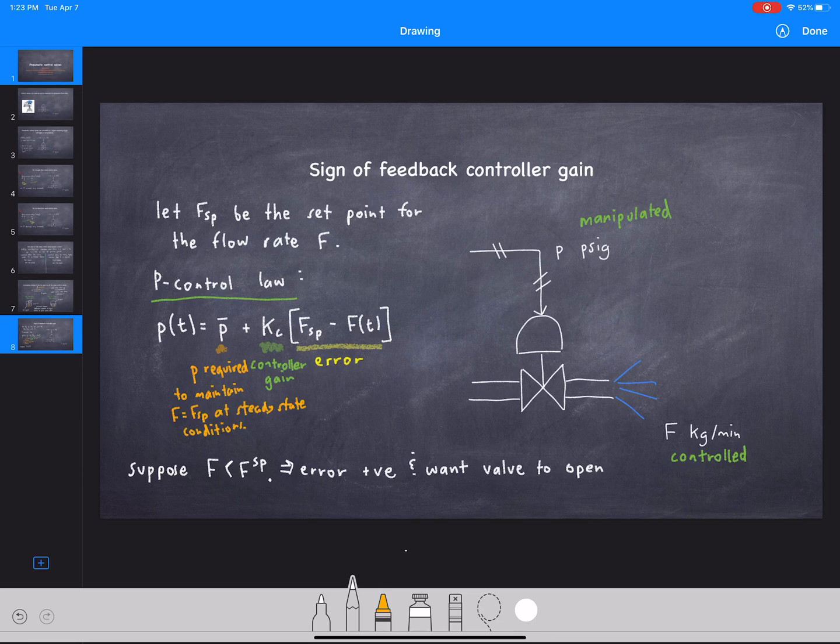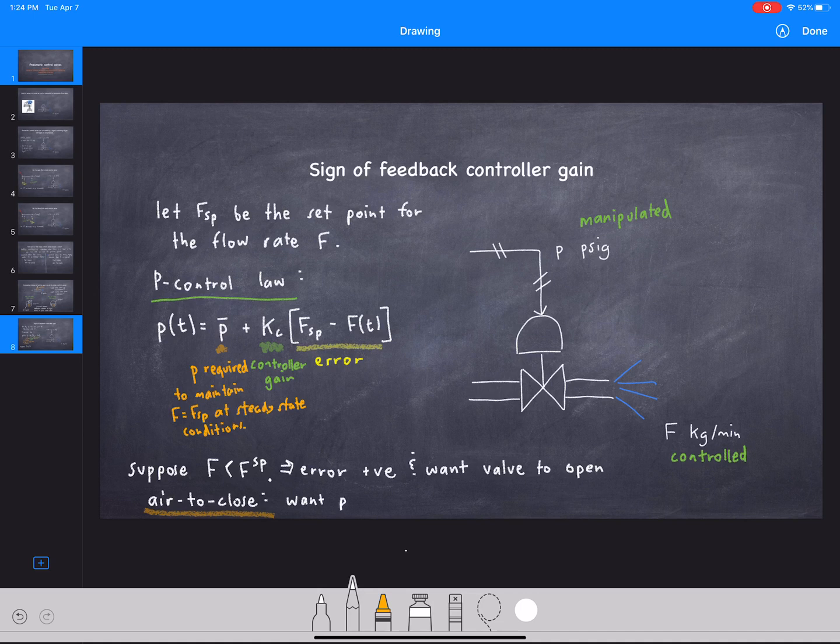And now consider when you have an air to close valve. Well, if you have an air to close valve, the more air you put on it, the more it will become closed. So what we actually want is to put less air on it in order to open it. So we want P to go down, right?